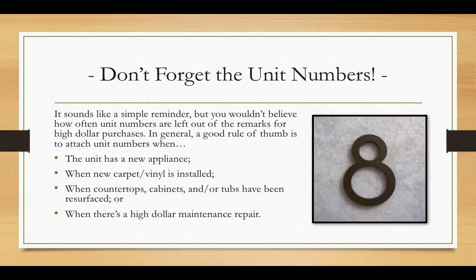So if we called out Avalanche Mechanical to look at an AC unit in a specific unit, and it cost us $500 to $600 for that site visit, we definitely want to explain that in our notes. We went to apartment 108 to implement these repairs. It cost $500. So use those unit numbers.